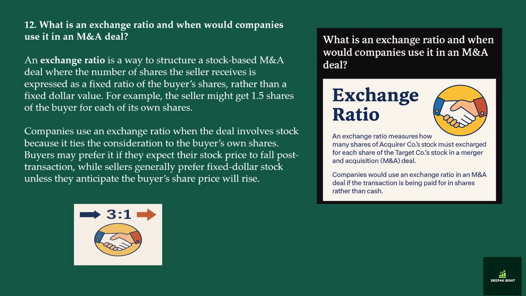So the buyer prefers a fixed exchange ratio, but the seller prefers a floating exchange ratio. The seller would prefer the fixed dollar value, and the buyer will prefer the fixed number of stocks.